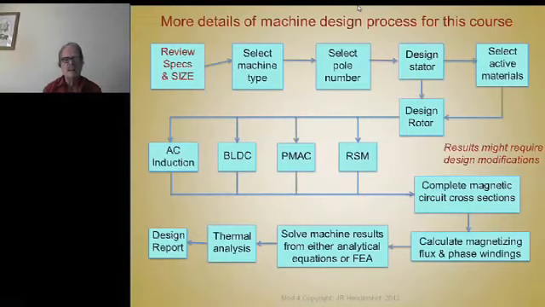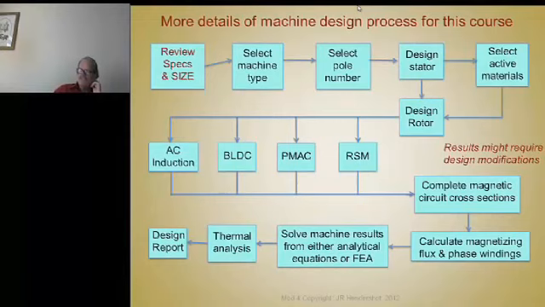Then the next thing you do is design the stator. Once you've got this far, you could actually change rotor designs. You could actually compare these three rotors we're going to talk about with the same stator. Some people are interested in doing that.